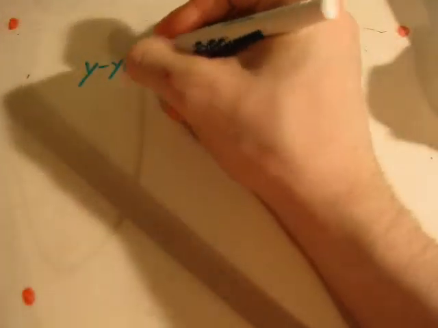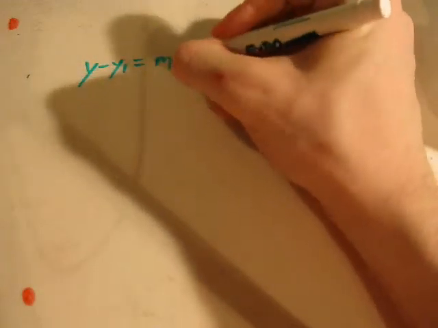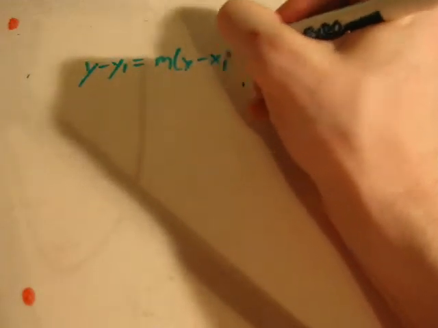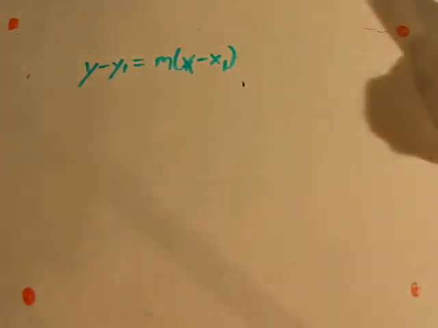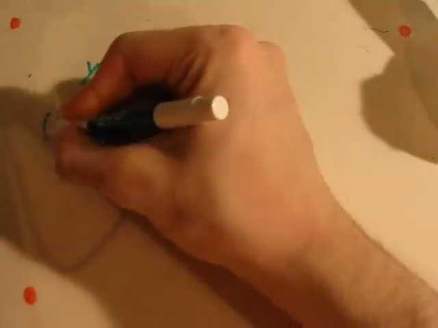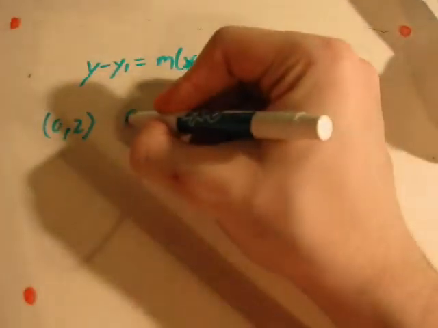Now let's see. What should we do with this? Well, besides figuring out what the slope is by looking at that equation, you can also use point-slope. The equation is y minus y1 equals m times x minus x1. So, let's take coordinates 0, 2, and 5, 17.